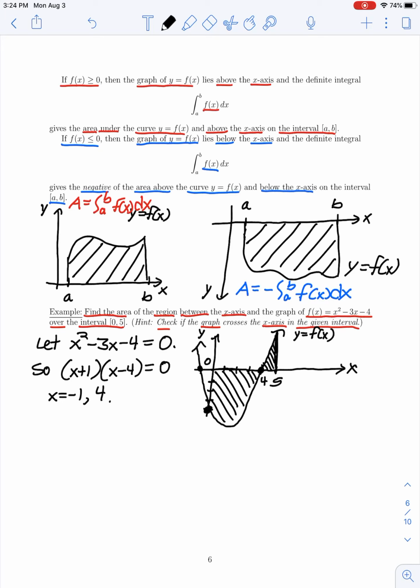So to get the total area of this region, well, we need to evaluate the area of each of these little shaded regions. So for now, just to illustrate, let me use two different colors.